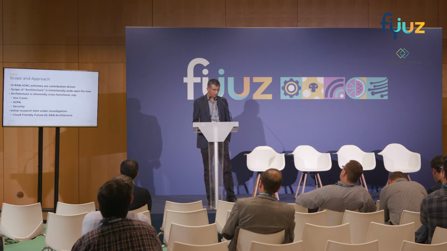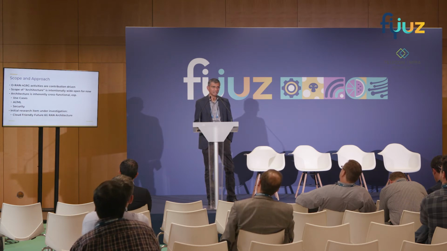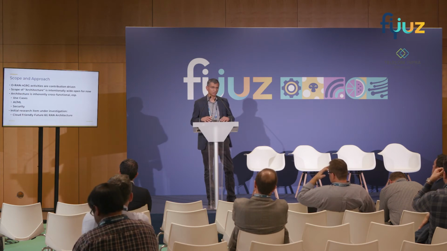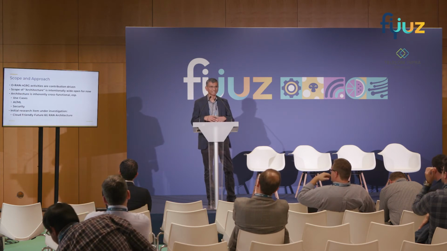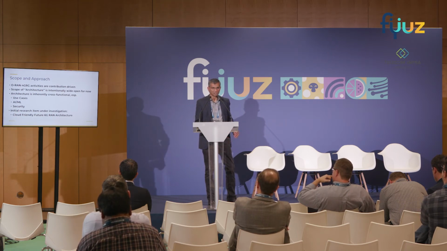And when it comes to the scope of the architecture, one underlying thing is that the architecture, as we know with anything, product architecture, ecosystem architecture, supply chain architecture, whatever, it impacts everything. So we have the understanding that the architecture especially needs to be quite wide open for now.